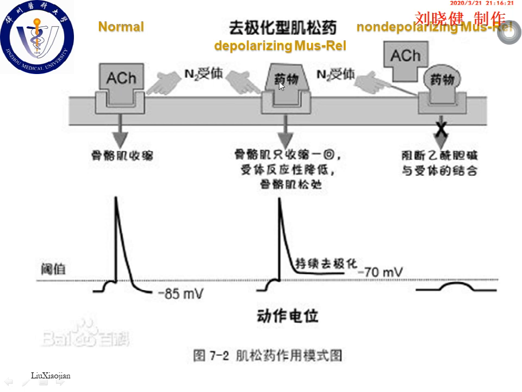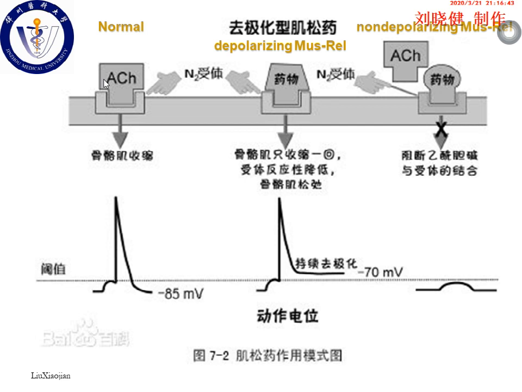There are some drugs like depolarizing muscular relaxants. They also can bind to these receptors. But because acetylcholine works as a neurotransmitter, it can be metabolized by cholinesterase very fast.